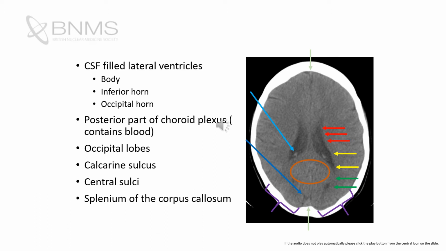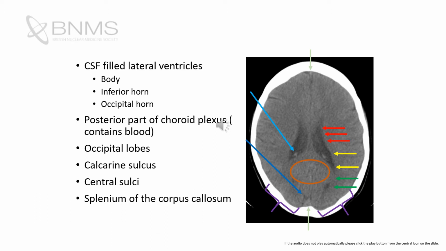The dark blue long arrow is indicating the superior part of the calcarine sulcus. This is the sulcus within the primary visual cortex and is an area of intense FDG uptake in normal brains, and we shall review that again later.